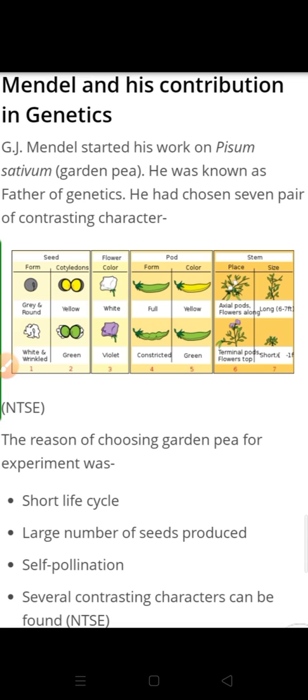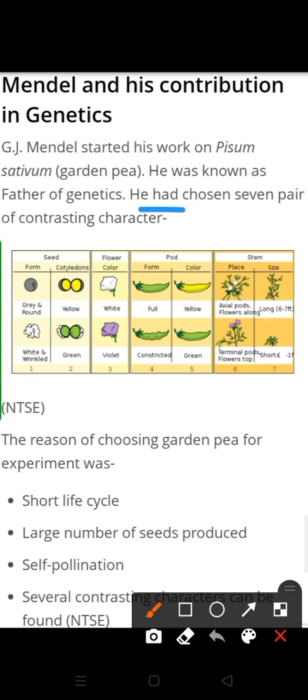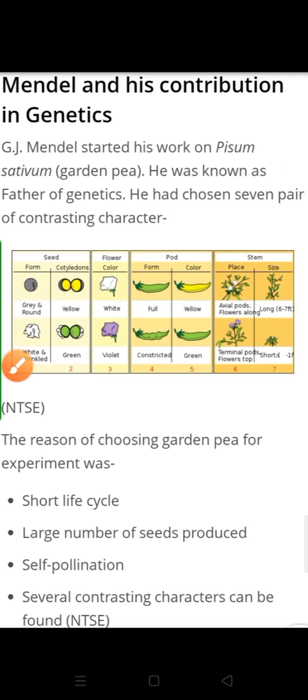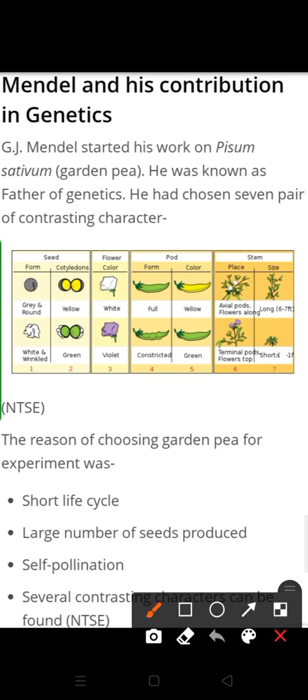So he had chosen 7 pairs of contrasting characters. How many pairs of contrasting characters did he choose? 7. Many times this question has been asked. What are these 7 characters? 1, 2, 3, 4, 5, 6, 7, these are the contrasting characters.